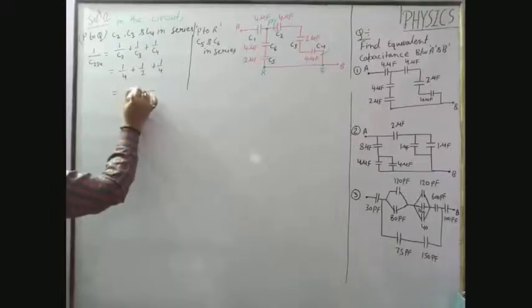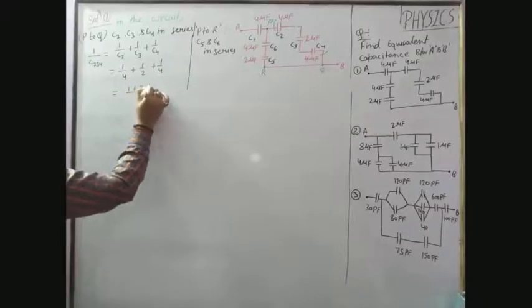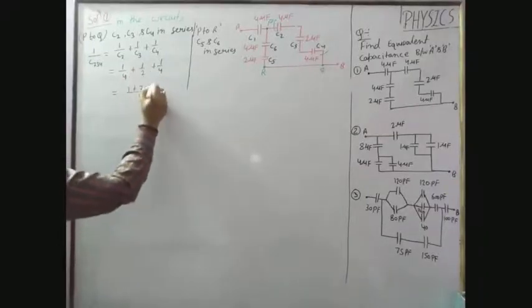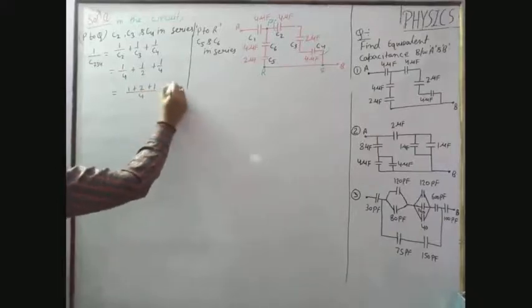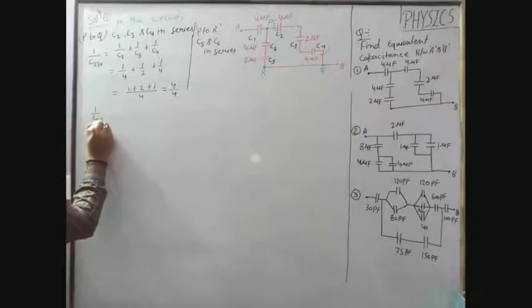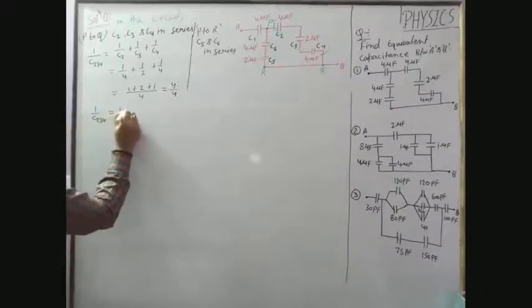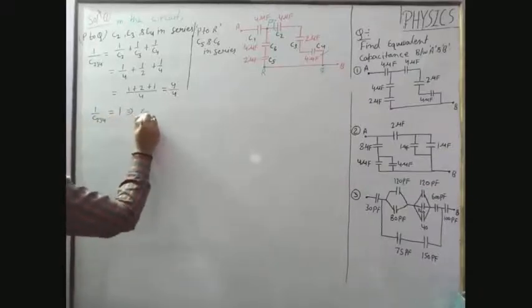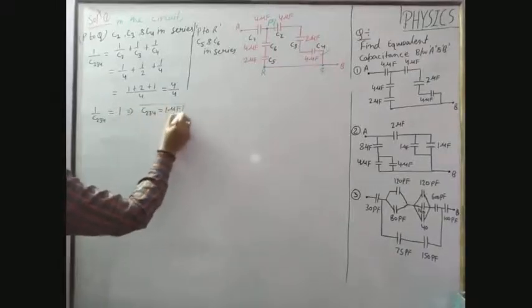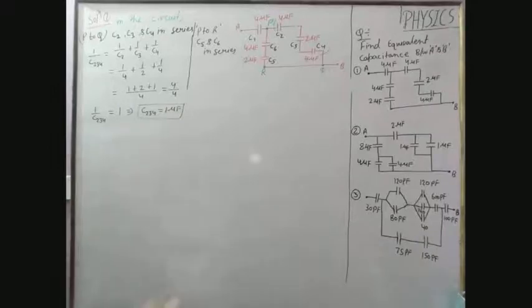Here 1 plus 1 plus 1 is 2, plus 2 into 2 is 4. So by taking the LCM, 1 by C234 is equal to 1, which you calculate here, C234 is equal to 1 microfarad. Clear?